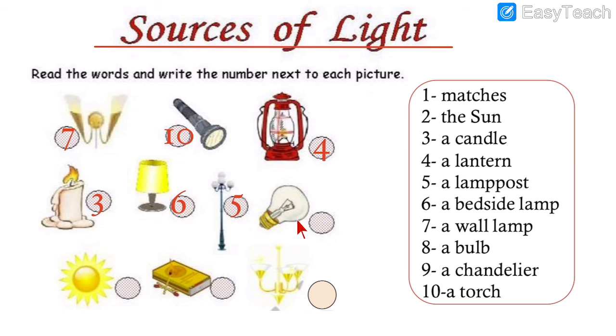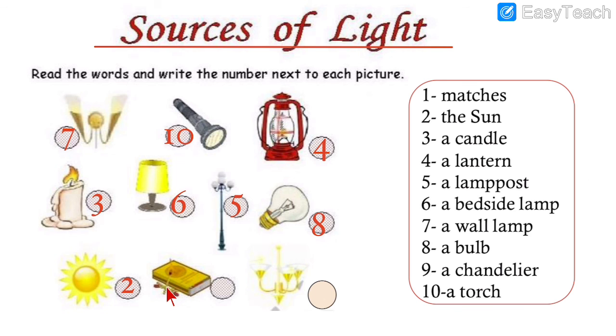Next image, identify this image. This is the image of a bulb. That is number 8, a bulb. So let's write number 8 over there. Next image, sun. This is the sun that is given in number 2. Number 2 we'll put over here. This one, identify.